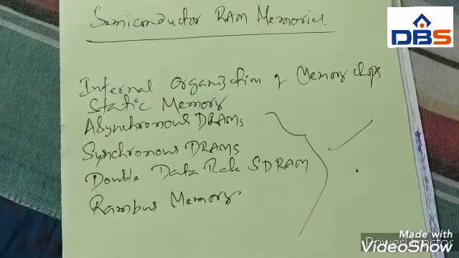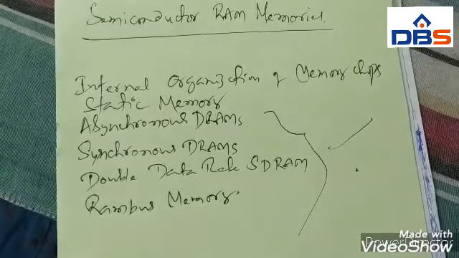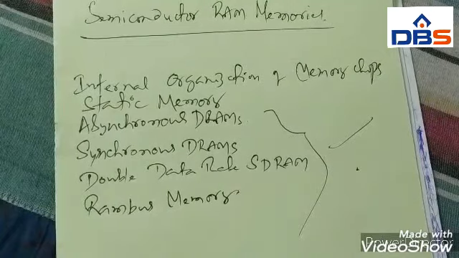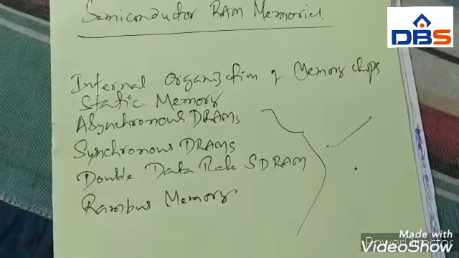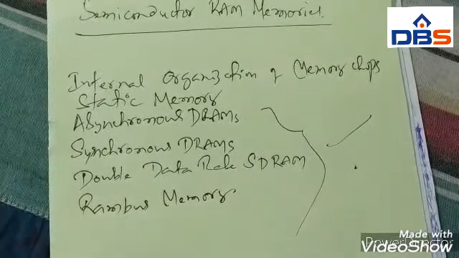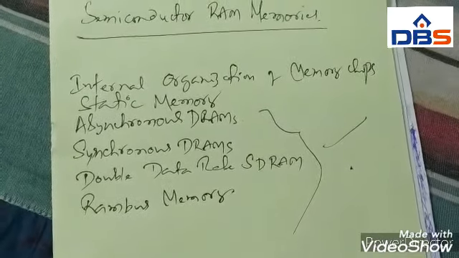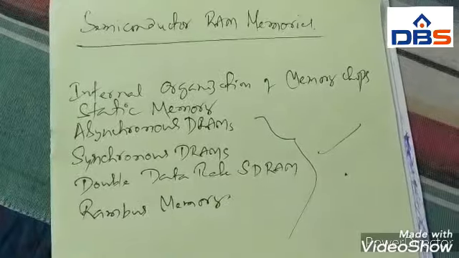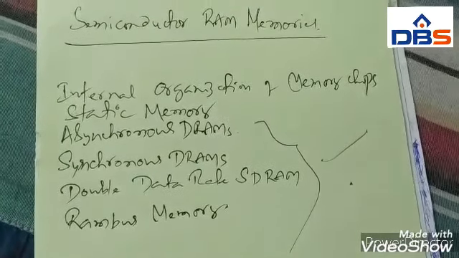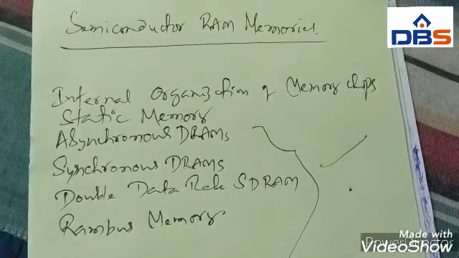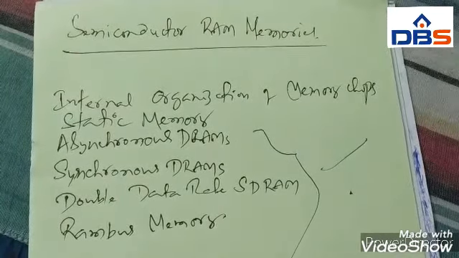We discussed every cell organization in SRAM as well as DRAM, and also the internal representation of the memory chips. And what is RAM? These are the random access memories.